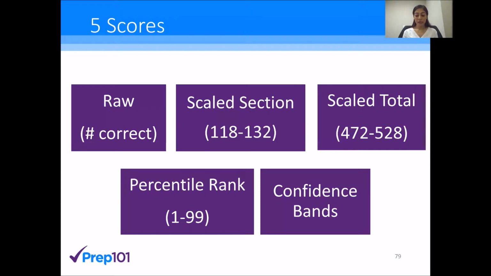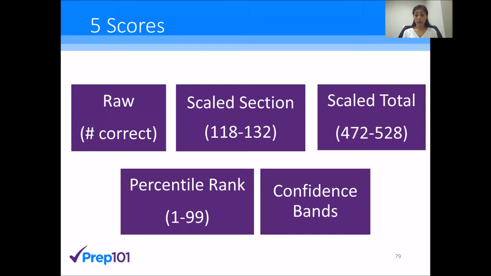So the reason the scaling system has been developed and the reason it exists is to take the number of raw correct questions and to put us onto the same scale. Because if we both write different versions of the exam, test takers and medical schools need to be able to see how well my abilities compare to other applicants who have also applied.